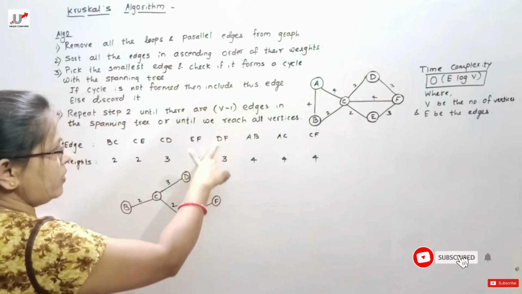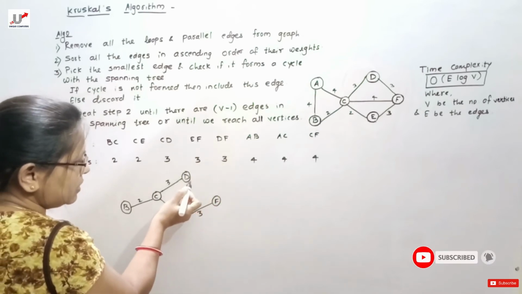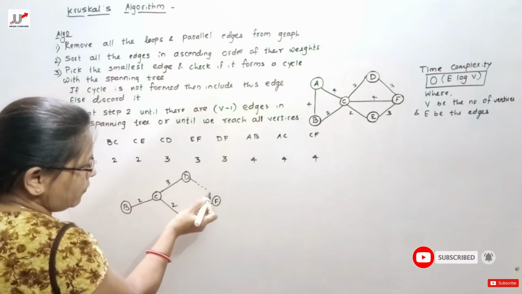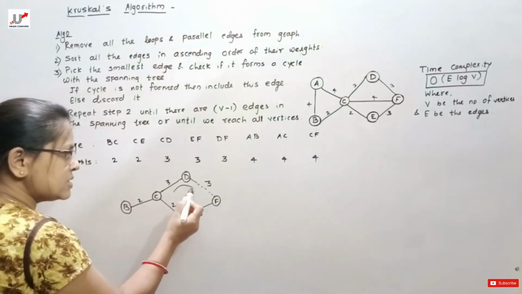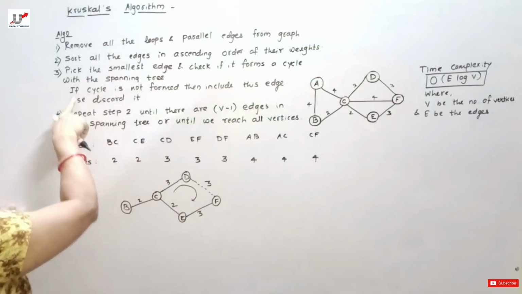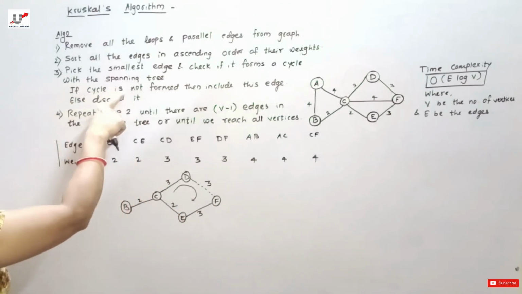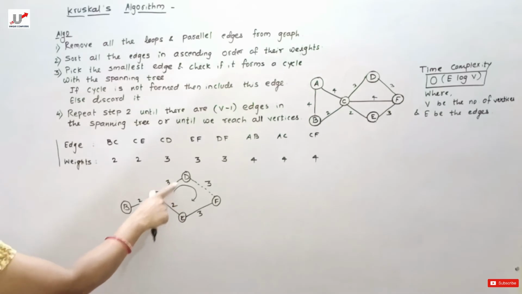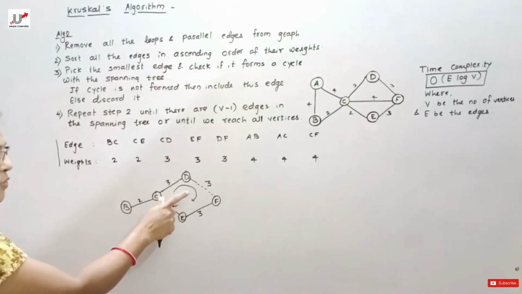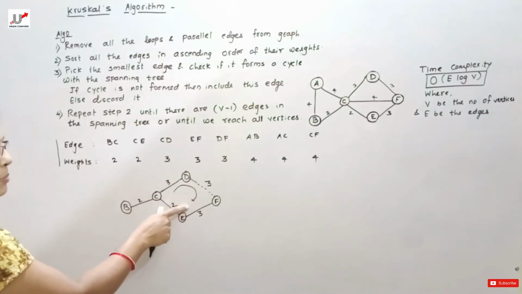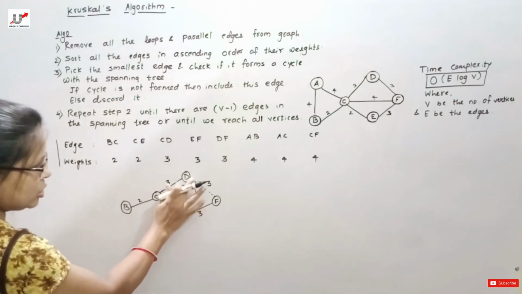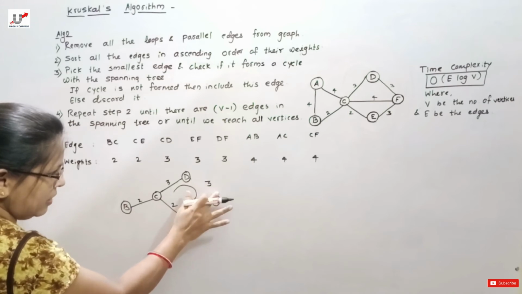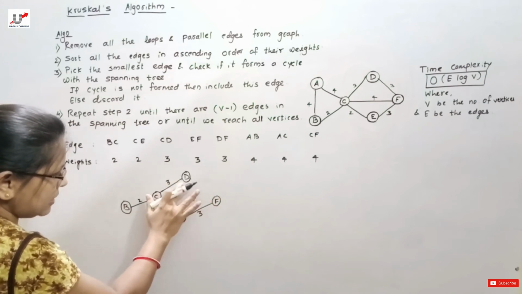Then DF, if we connect DF with weight 3, then it forms a cycle. So if a cycle is formed while constructing a minimum spanning tree, then you have to discard that edge.